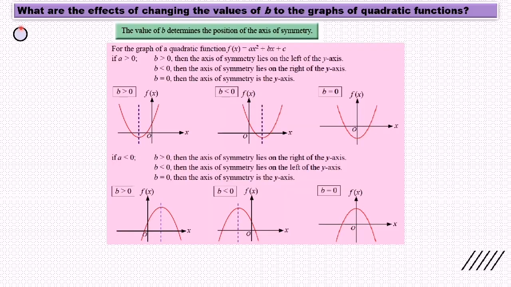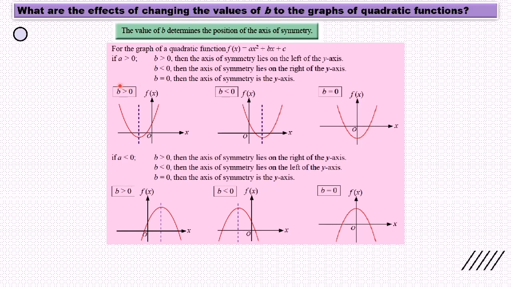After we learn the effect of changing the value of a to the graph of a function, now we are going to learn the effects of changing the value of b to the graph of a function. The value of b determines the position of the axis of symmetry.